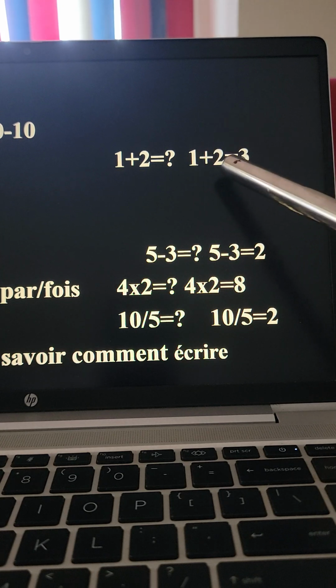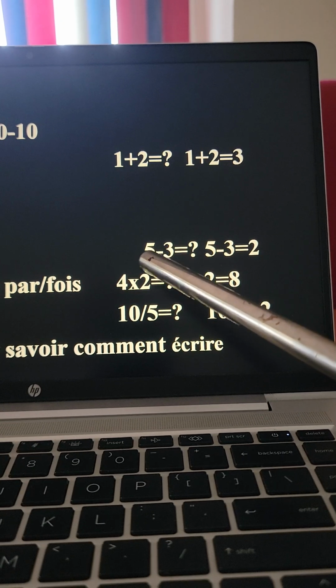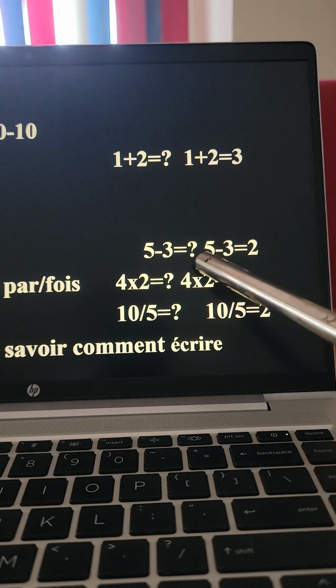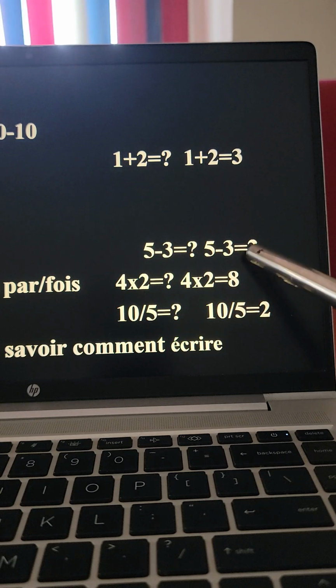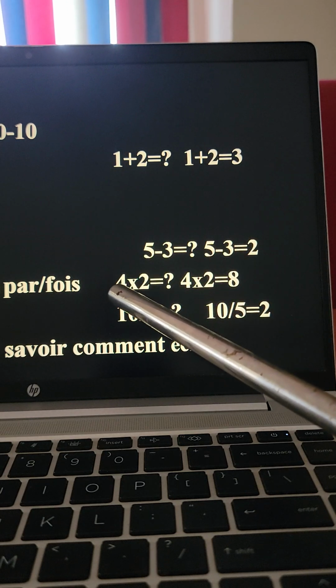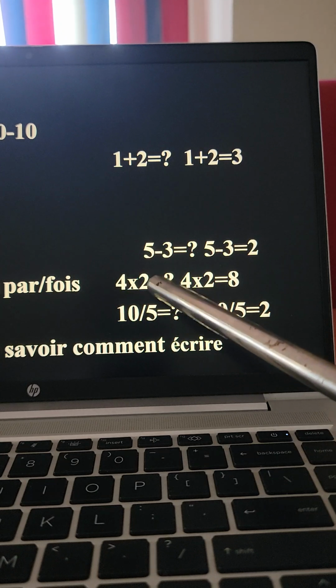Très bien. Then, when you go down here, you have 5 moins 3 égale quoi? 5 moins 3 égale 2. Bravo, très bien. 4 multiplié par 2 égale quoi?